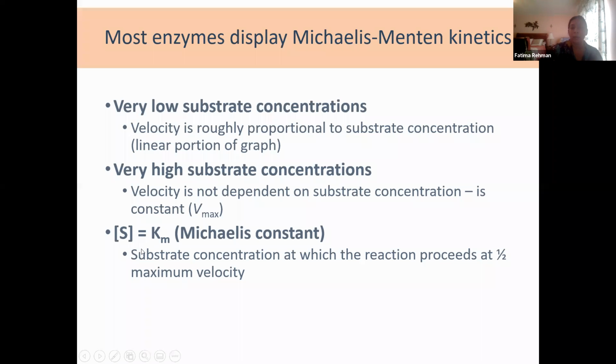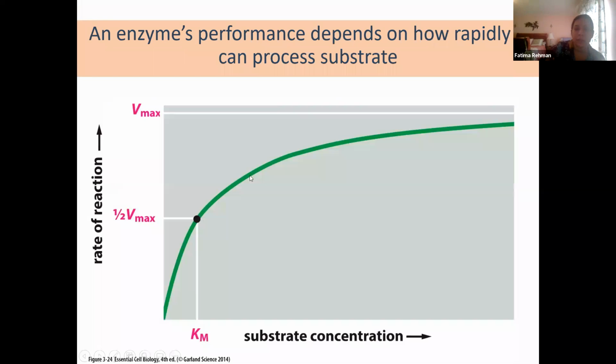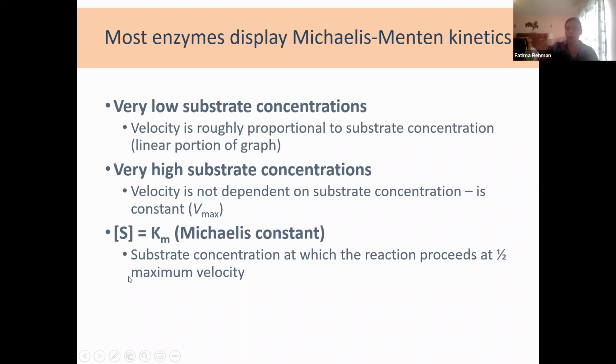So the Km is the substrate concentration at which you get about the highest rate of reaction with your enzyme kinetics. So it's half the maximum velocity, but that's the point where it's going to start to plateau essentially.